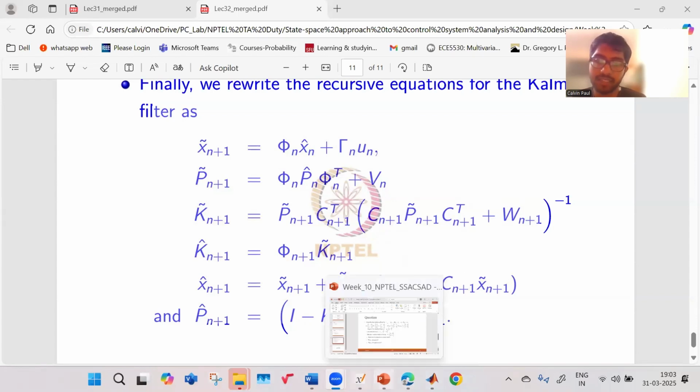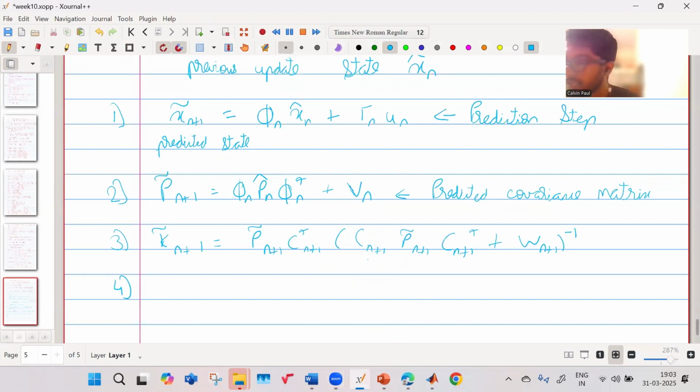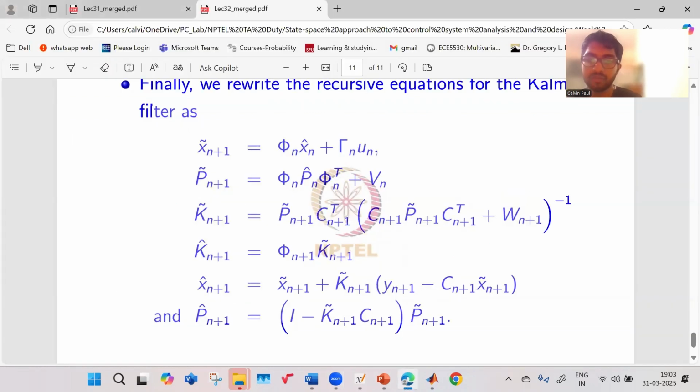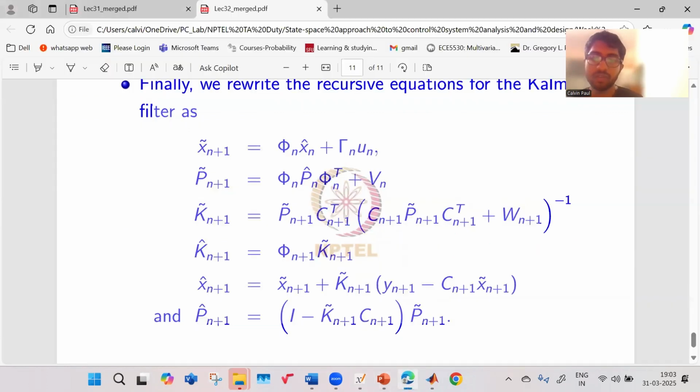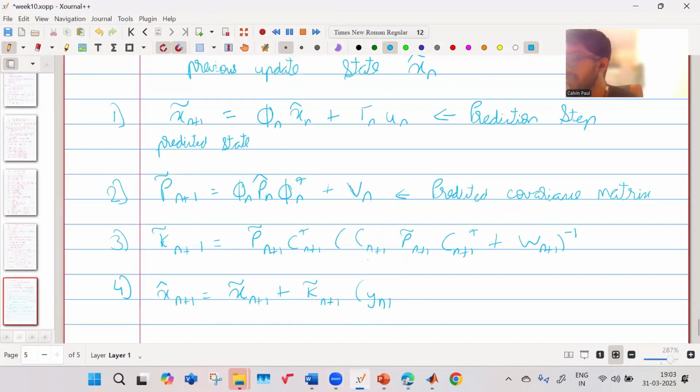So we will write x hat n plus 1 is x tilde n plus 1, that is the predicted state, plus k tilde n plus 1 into the current measured output minus c n plus 1 into x tilde n plus 1.